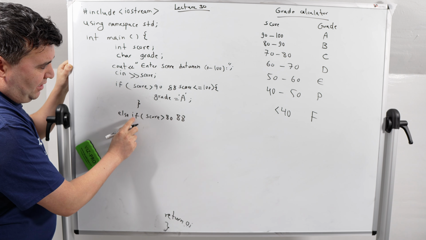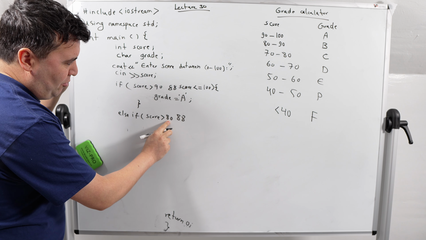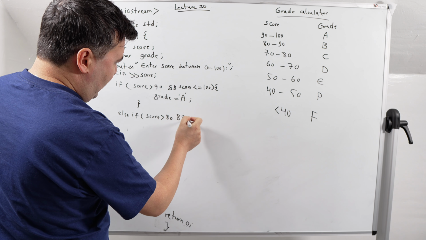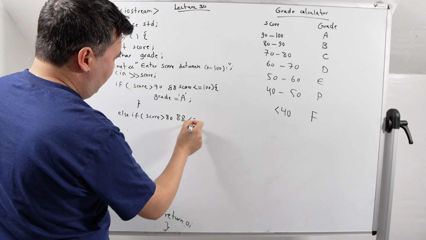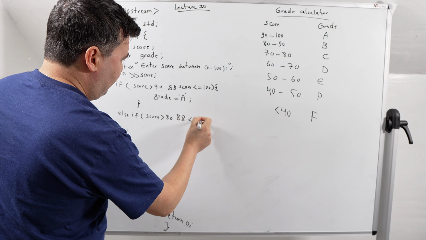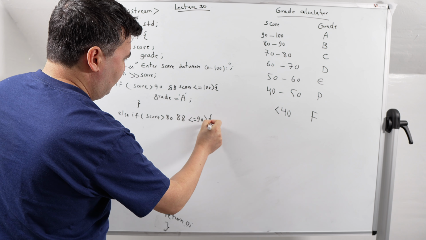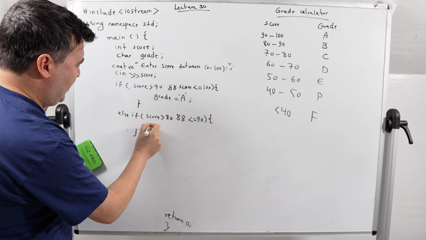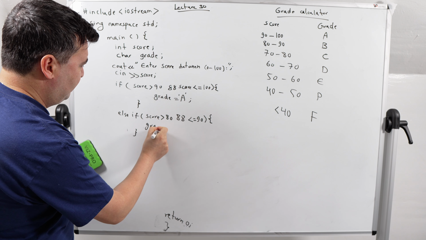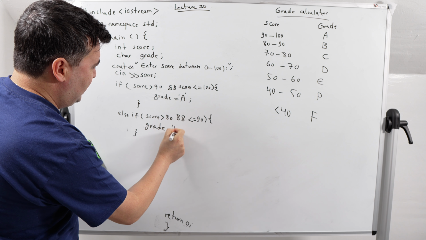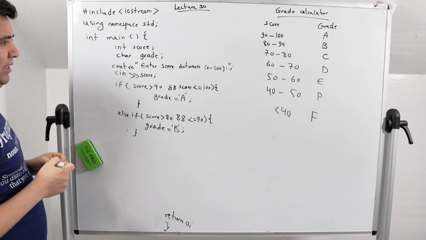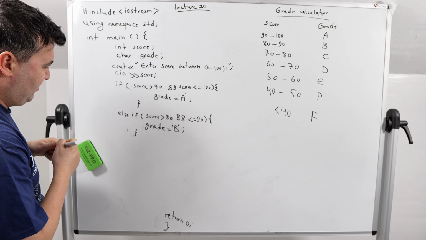So else if the score is greater than 80 and is smaller than or equal to 90, we open the curly braces and close the curly braces and we say grade is equal to B, semicolon, and we check another condition.